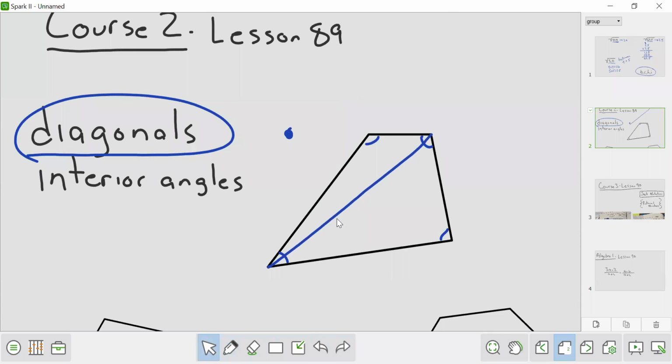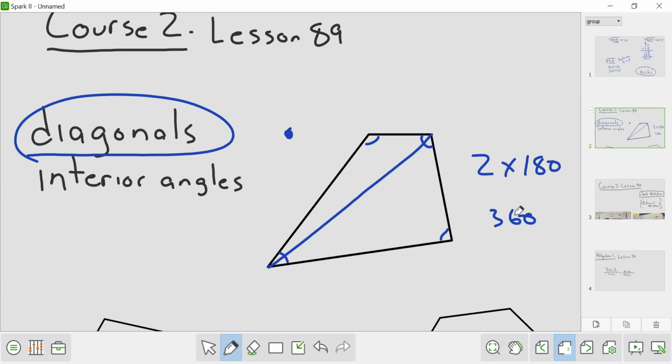We know there's two triangles, right? Because there's two triangles, and each triangle is 180 degrees, I know that all the angles in that shape are going to add up to 360 degrees.